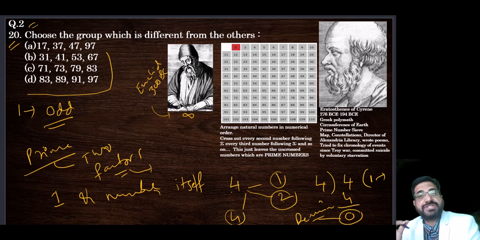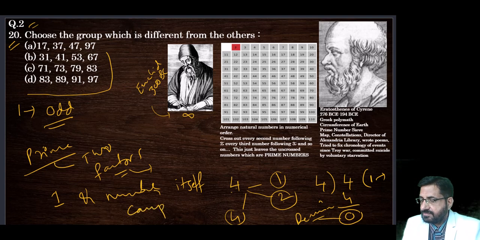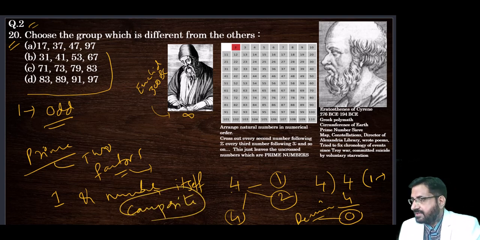Those numbers which have more than two factors are called composite numbers. For example, 4 is not a prime number because it has three factors, 4, 2 and 1. It is a composite number because it has more than two factors.